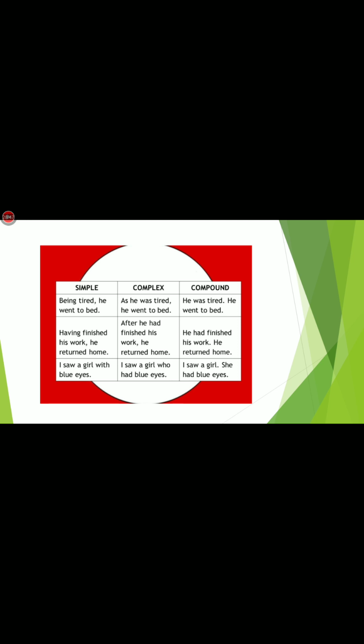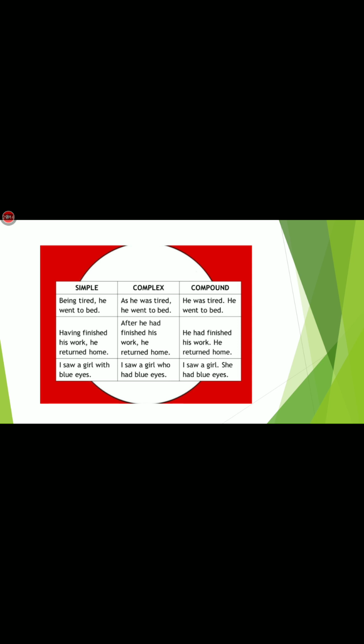The last sentence: I saw a girl with blue eyes. Now, with blue eyes is a prepositional phrase. When you change it into a complex sentence, you need to make it into an adjective clause. I saw a girl who had blue eyes. Now, who had blue eyes describes the girl.